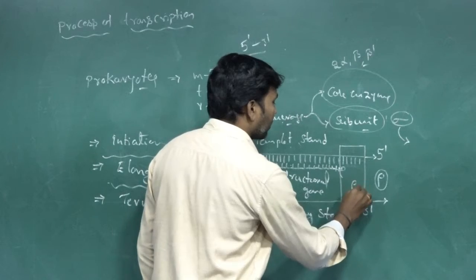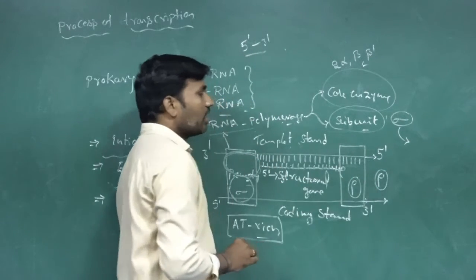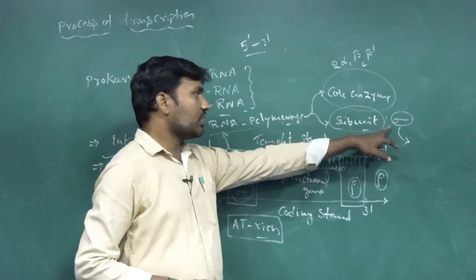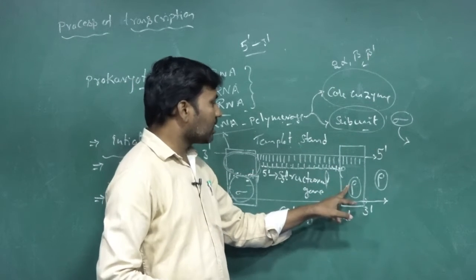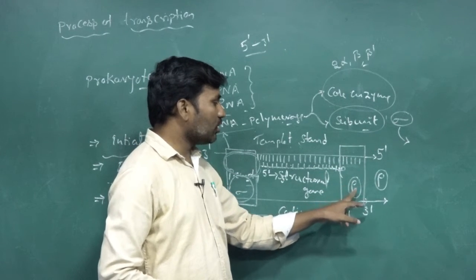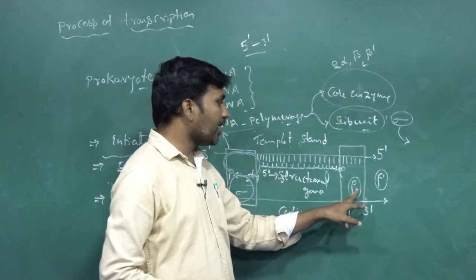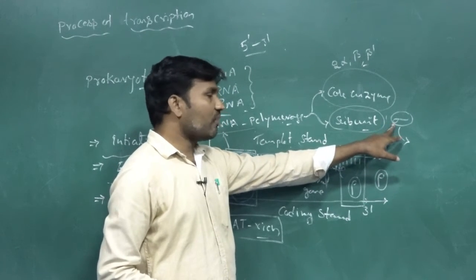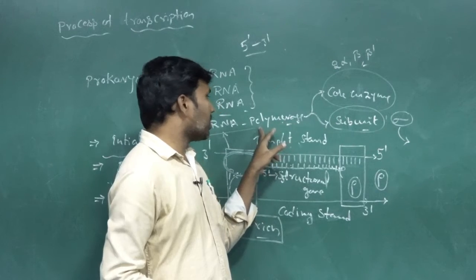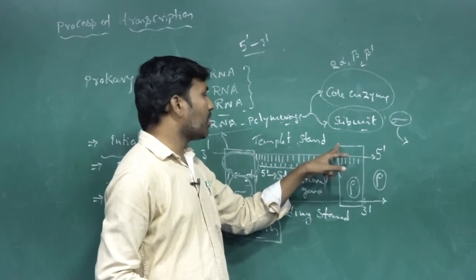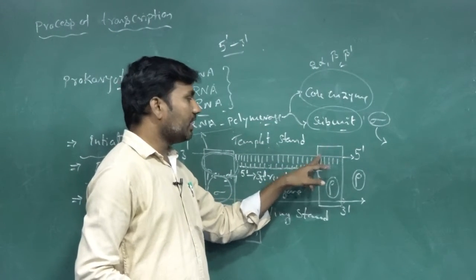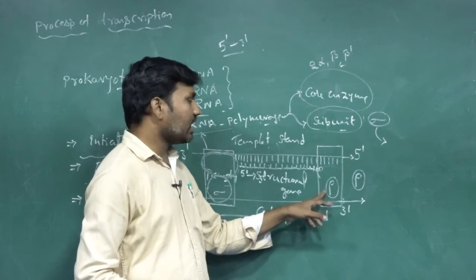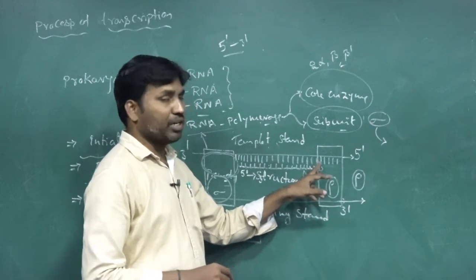After the RNA polymerase releases the sigma factor, the Rho subunit is added at the termination site. So the RNA polymerase leaves the DNA template.